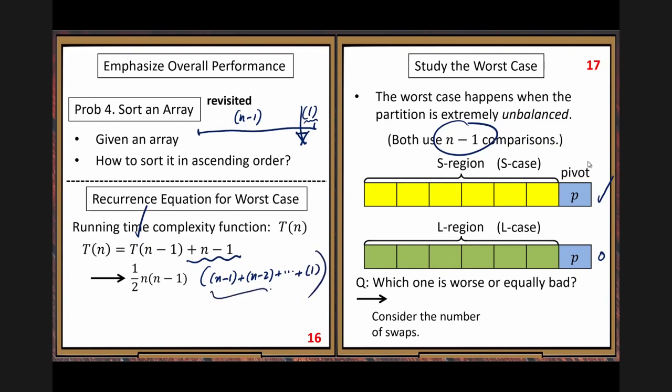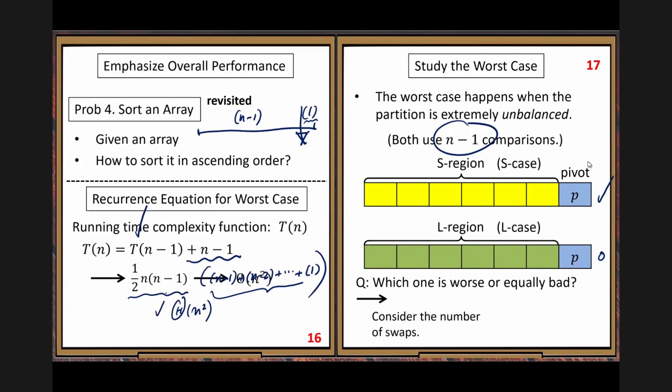Adding up all these numbers, you get this final expression for the number of comparisons for the worst case. You can see this is in big theta of n squared. So very bad.